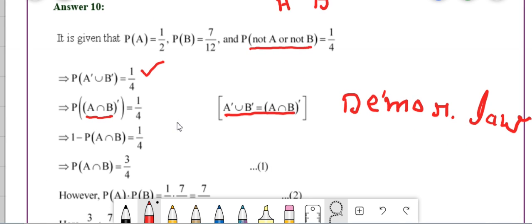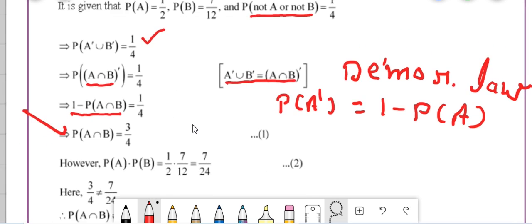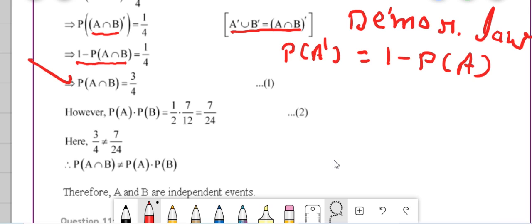So P of A intersection B prime you can write down in this way: 1 minus P of A intersection B, because P of A prime is nothing but 1 minus P of A. This formula I am using over here. So 1 minus P of A intersection B. So P of A intersection B is equal to 3 by 4, I am getting by simplifying. Now check whether you are getting P of A into P of B equal to P of A intersection B or not.